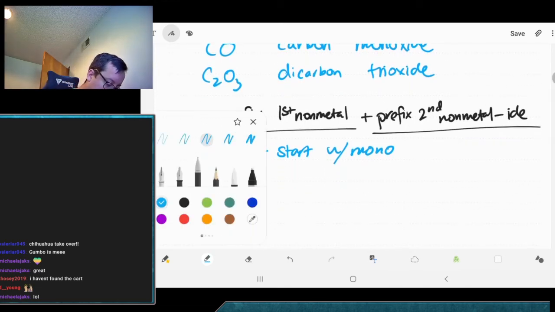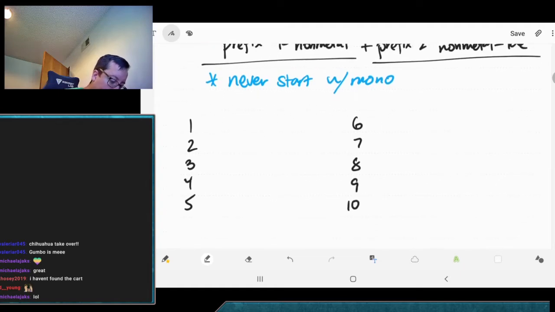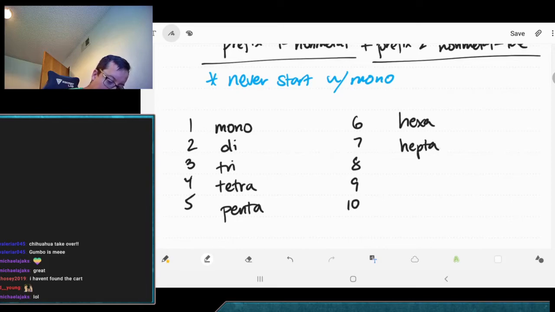Here are our prefixes from 1 to 10. So, mono, di, tri, tetra, penta, hexa, hepta, octa, nona, deca.